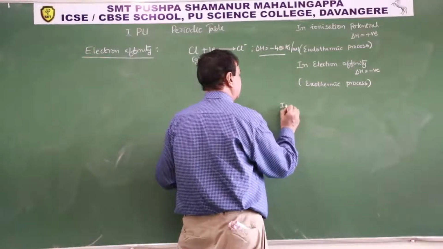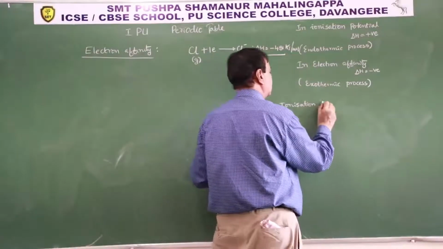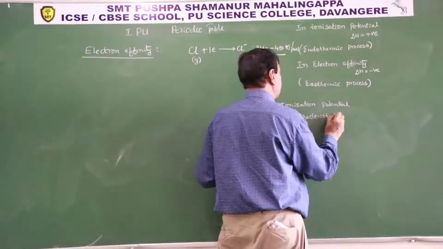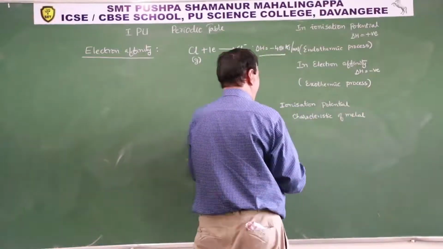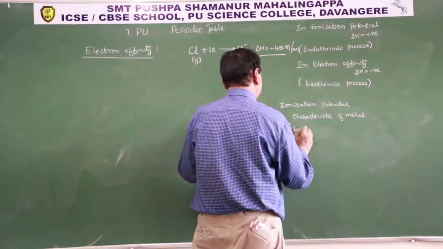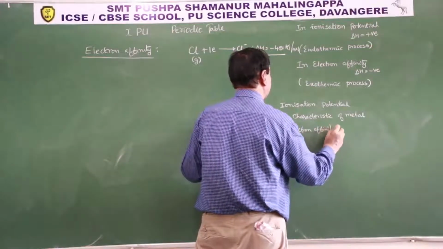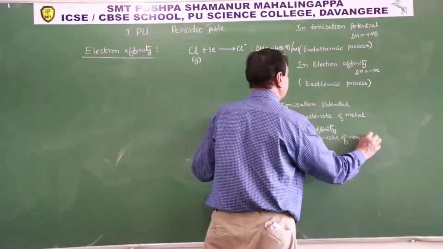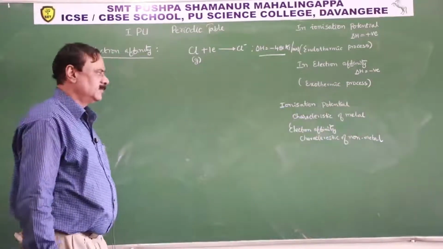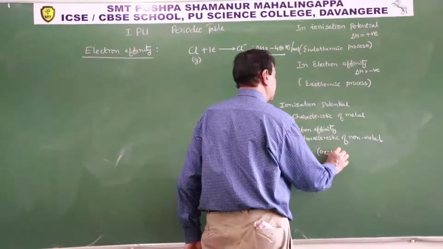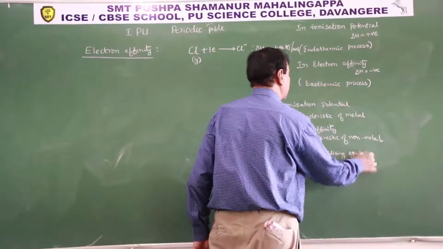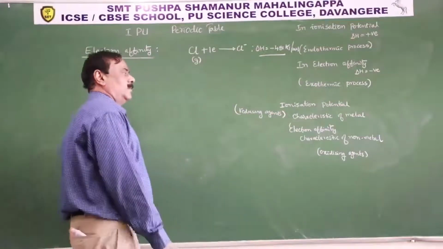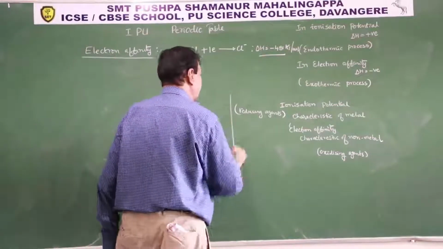Ionization potential is a characteristic of metals. Electron affinity is a characteristic of non-metals. Non-metals mean oxidizing agents. Metals mean reducing agents.